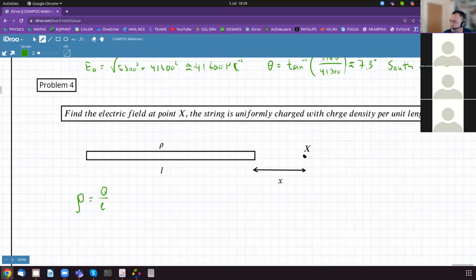Yes, Adam, can you just elaborate a little on this? What do you mean by sum of the fields from the string? Isn't it just one field? Oh, Josh, yes. Very nice.